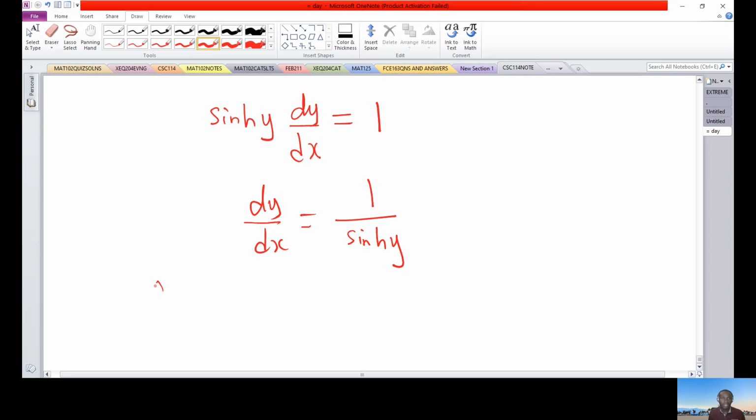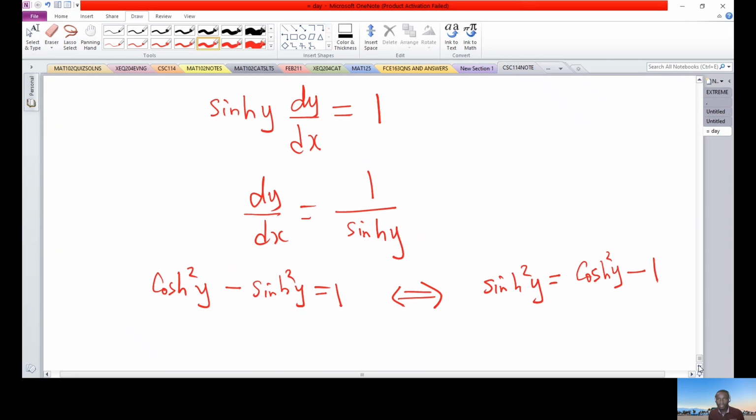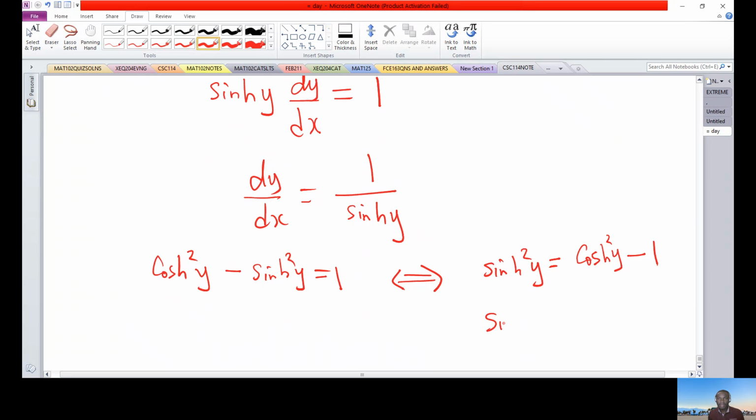So also remember that hyperbolic cosine squared of y minus hyperbolic sine squared of y is 1. From this one, hyperbolic sine squared of y will be given by hyperbolic cosine squared minus 1. So hyperbolic sine of y alone will be the square root of hyperbolic cosine squared minus 1.